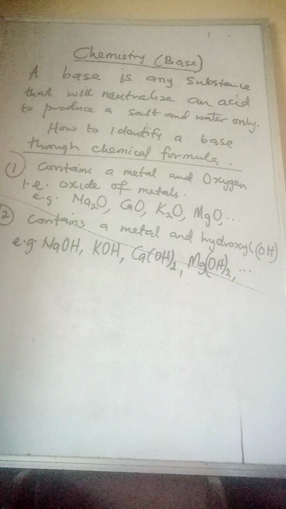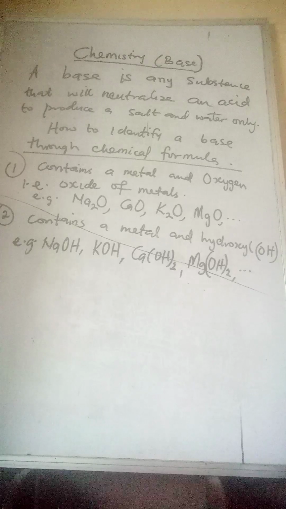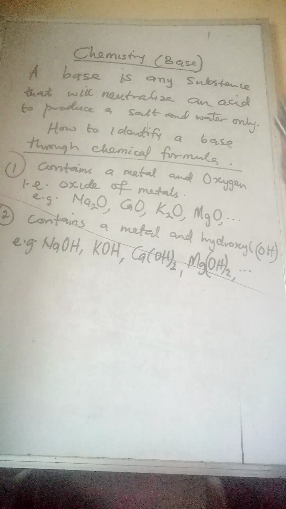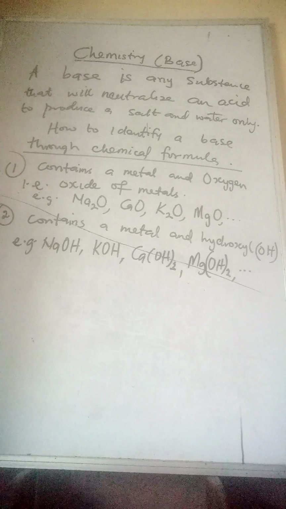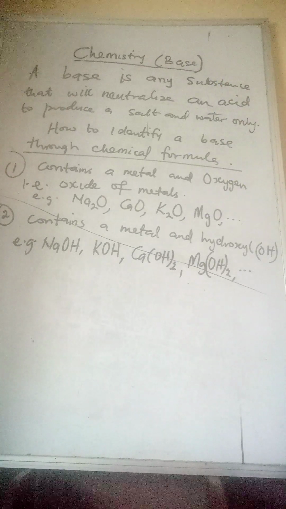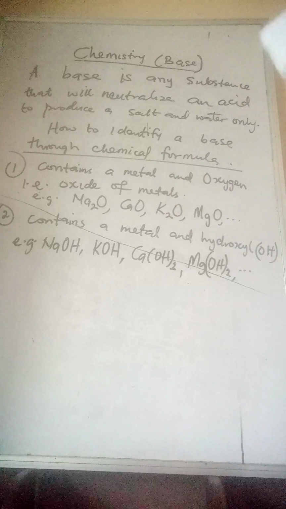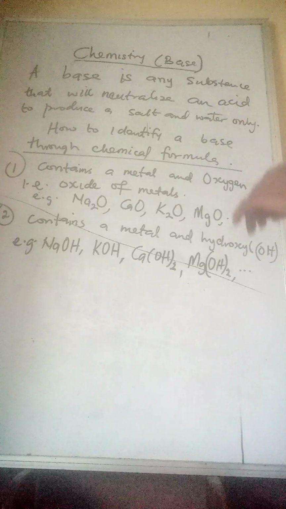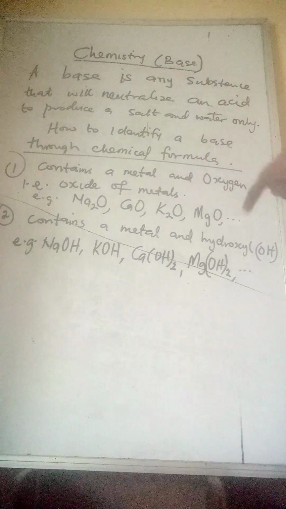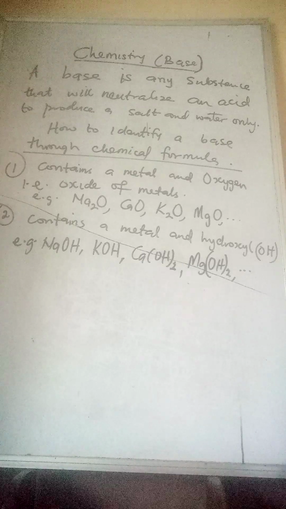Yes. So, how do we now identify a base? Through formula. We can identify a base, one, by noting this: every formula of a base starts with a metal and ends with oxygen.